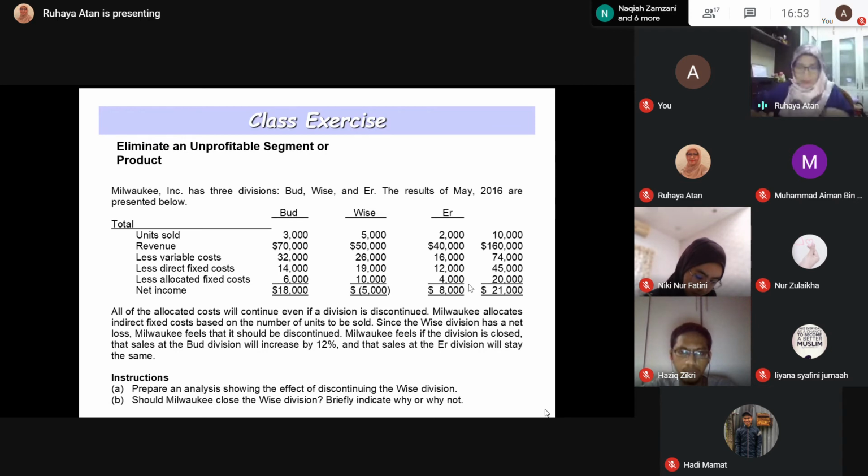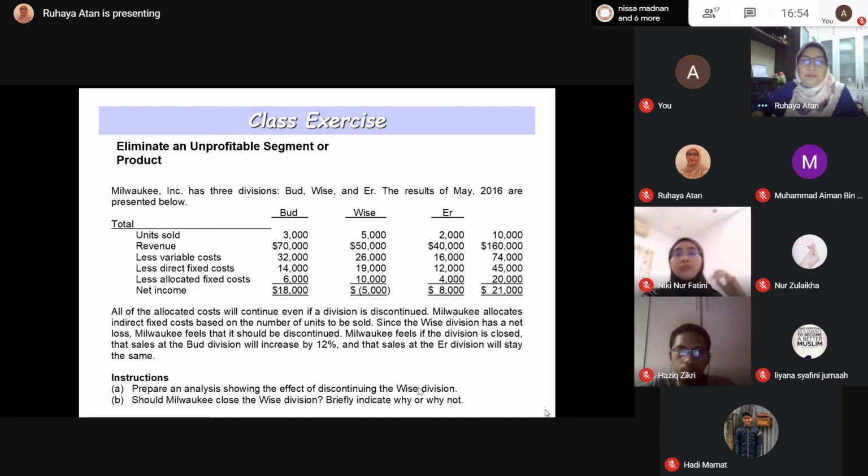We need to calculate that the units sold will also be increased. So take into consideration Bud's increase in units sold. So from 3,000, you have to increase 12%, class. And you will get 3,360. Are you following me, class?